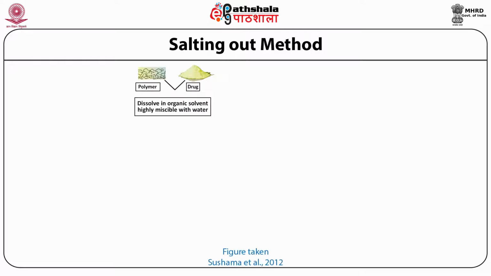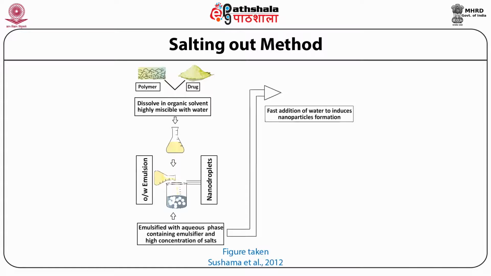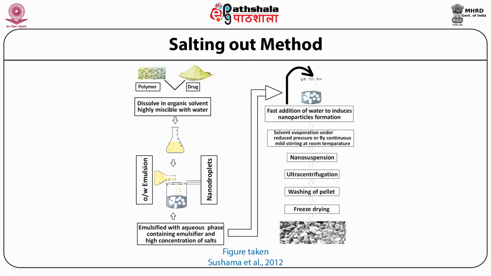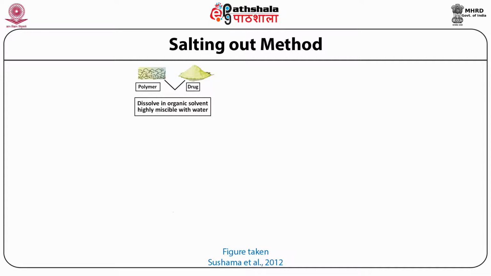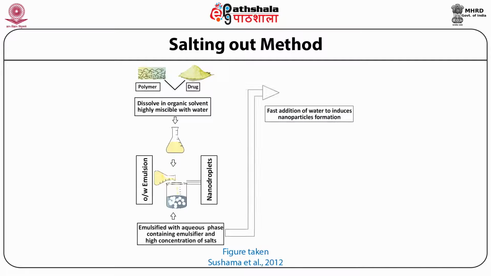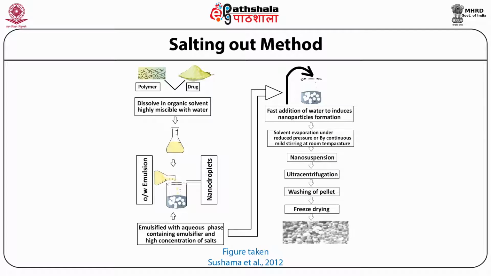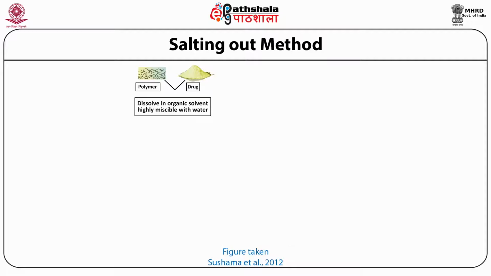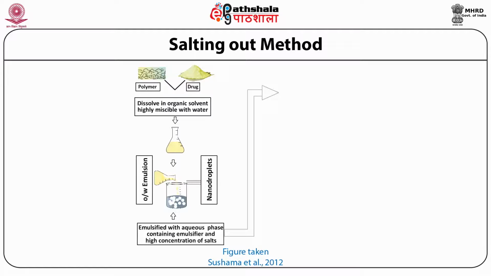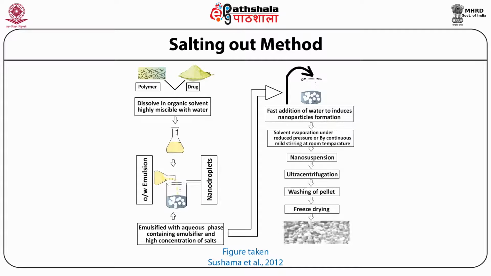This diagram is showing the different steps for preparation of nanoparticles by the salting out method. In this technique, first, polymer and drug are dissolved in an organic phase comprising highly polar solvents like acetone or tetrahydrofuran and emulsified into a salt and stabilizer rich aqueous phase under strong mechanical shear stress, followed by addition of water which induces solvent diffusion, resulting in polymer precipitation.